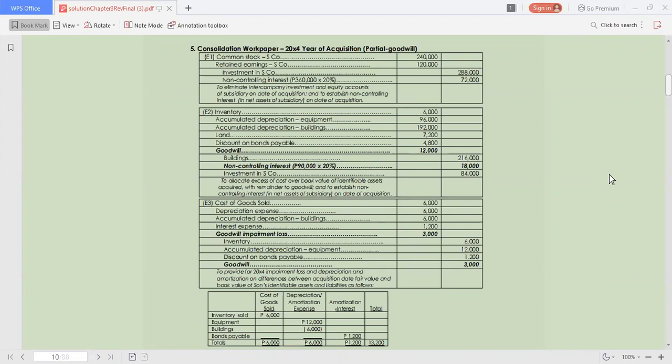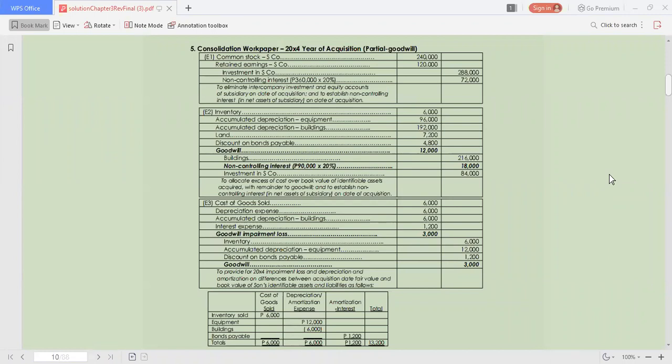Goodwill impairment loss. Credit to inventory again, and then credit accumulated depreciation of equipment in the amount of 12,000, and credit discount on bonds payable 1,200, and credit goodwill.